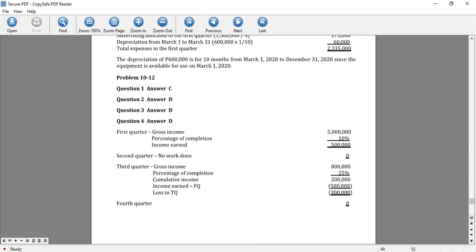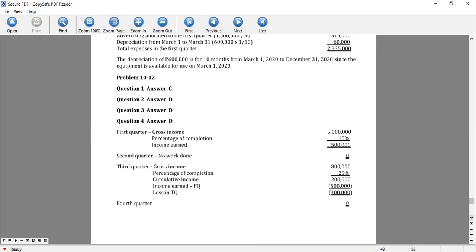So we have the estimated profit of 5 million. Then that's the gross income. You multiply it by the percentage of completion at the end of the first quarter, which is 10%. So the income earned is 500,000. That's for number one.